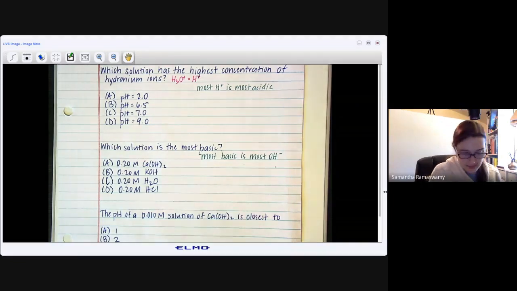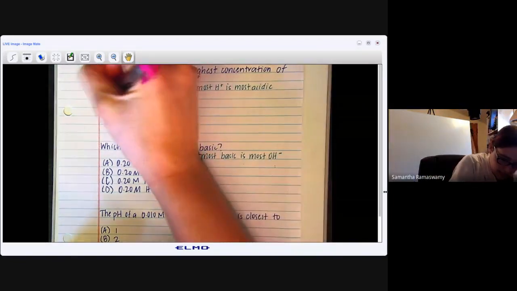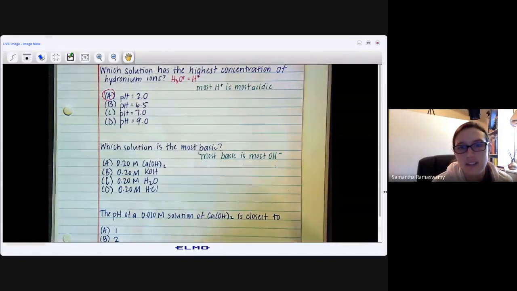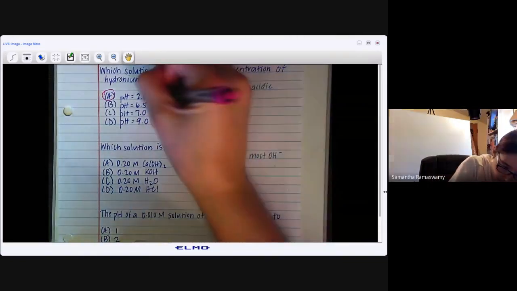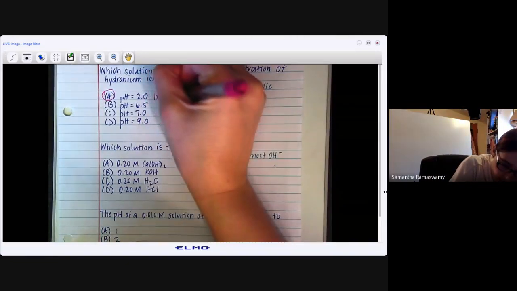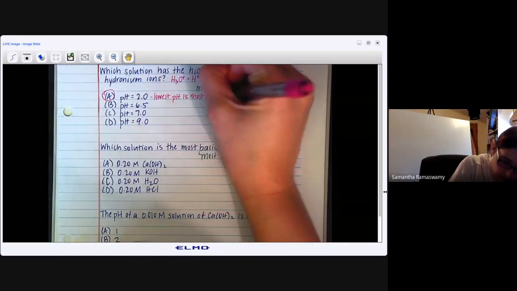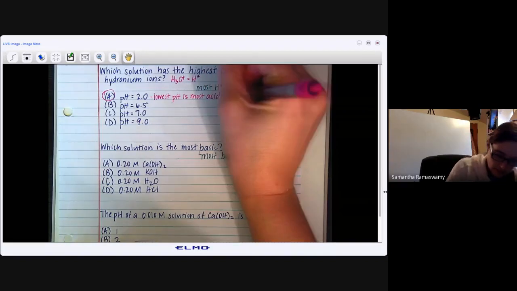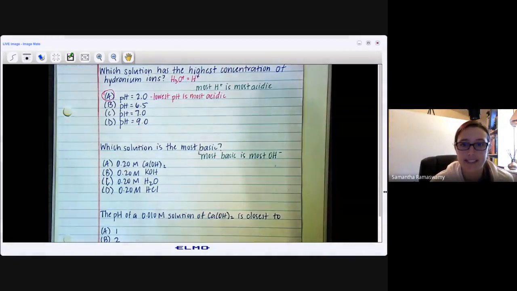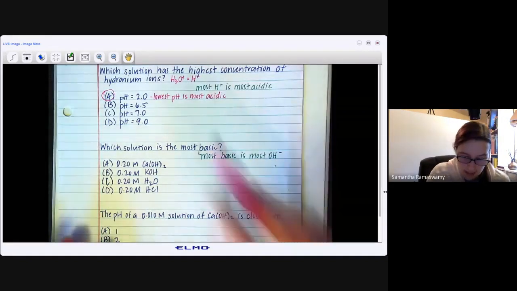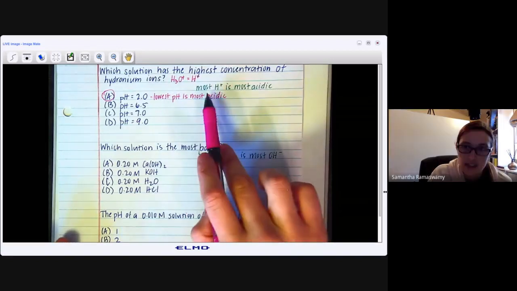Well, hopefully you picked A. The lowest pH is most acidic. So A is the answer for number 1, because the highest concentration of hydronium ions, the most H+, is going to be the most acidic.